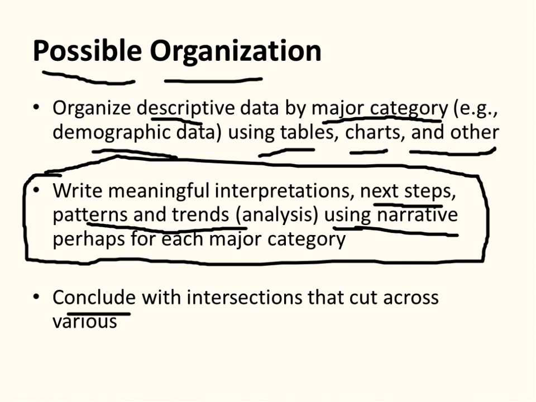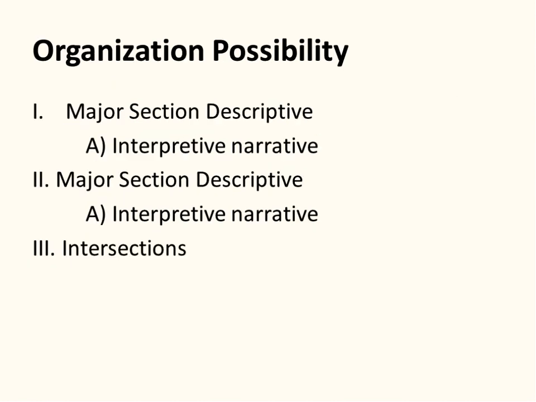And it would seem to me you might be able to conclude the entire profile with some areas where you see these intersections that are cutting across various categories of data. So perhaps to think of it linearly or graphically, you might have, for example, 6 major sections of descriptive data.